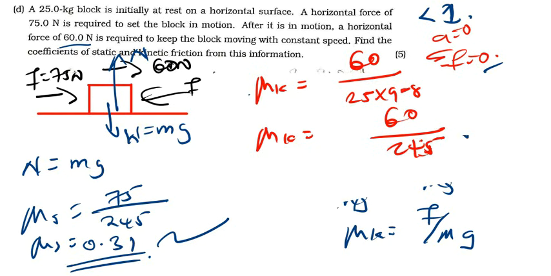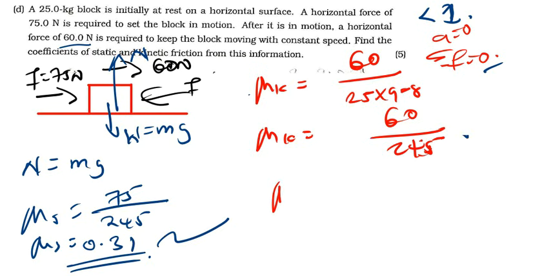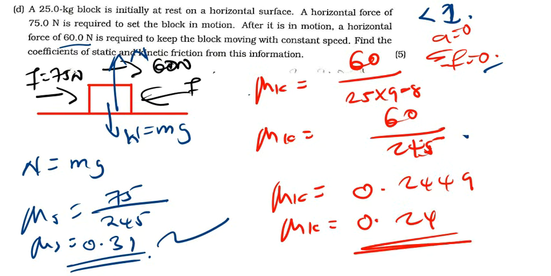Now let's see what we're going to have. I'm getting 0.2449. Should I round it off? No, I will just say it's 0.24. If you want, you can say 0.245.